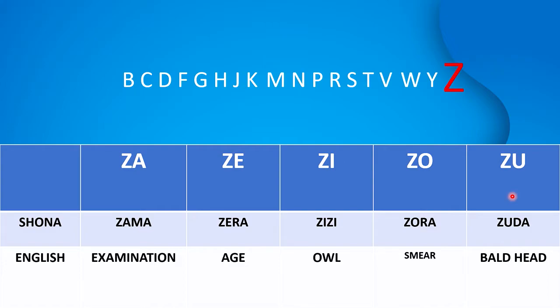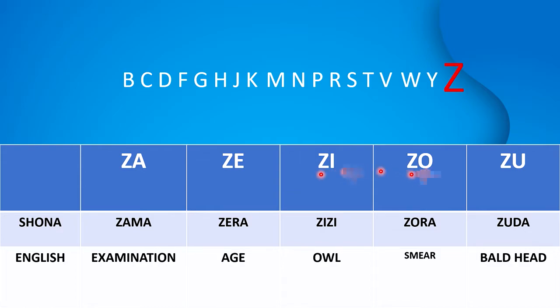When you combine the letter Z with A, it's za. When you combine it with I, it's zi. When you combine it with E, it's ze.